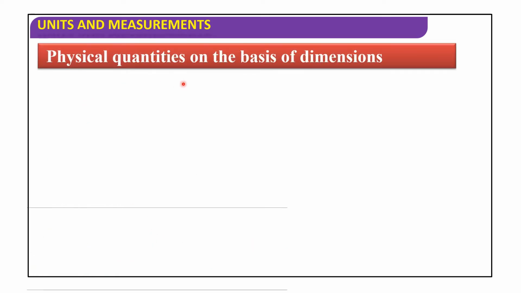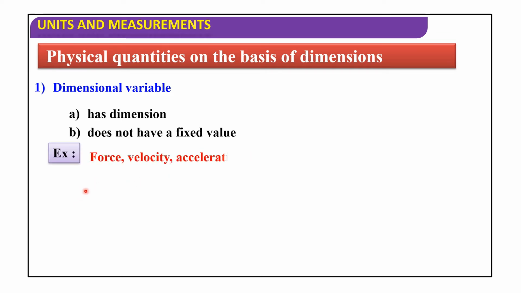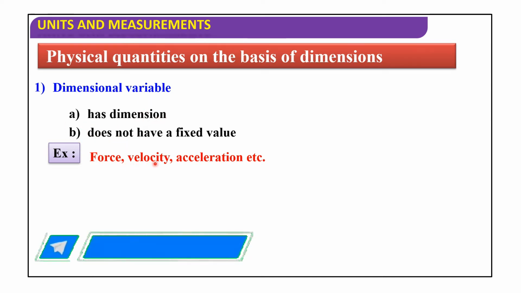Now physical quantities on the basis of dimensions. First one, dimensional variable, that has dimensions and does not have a fixed value.